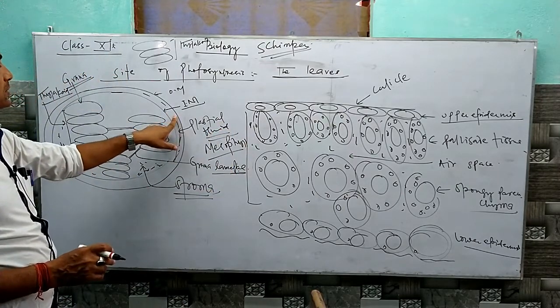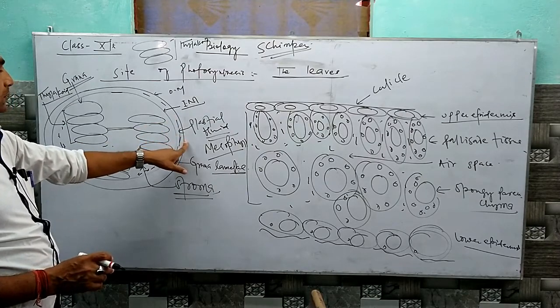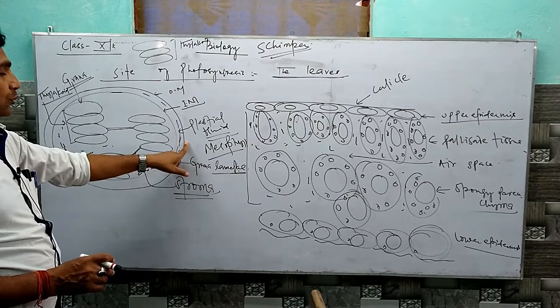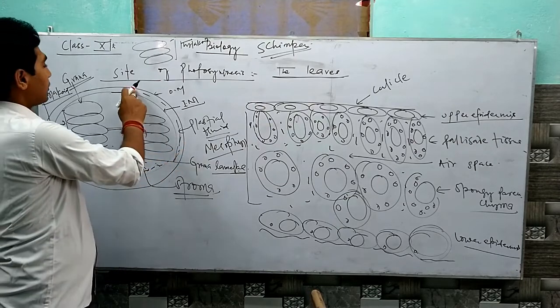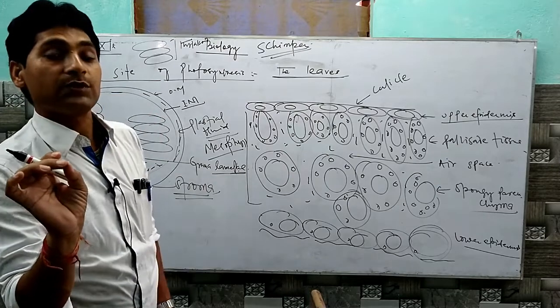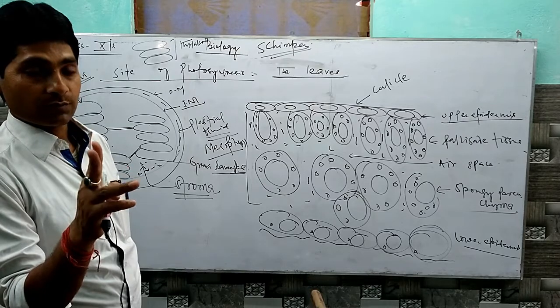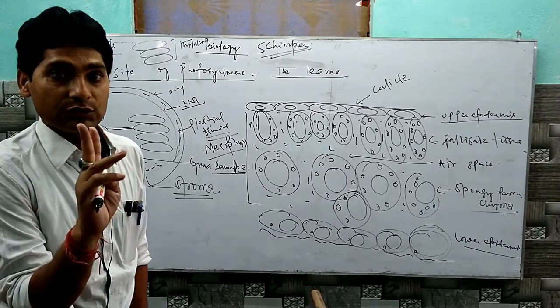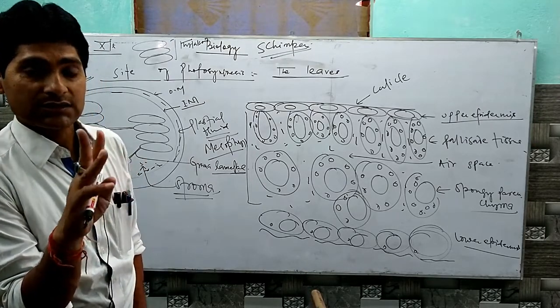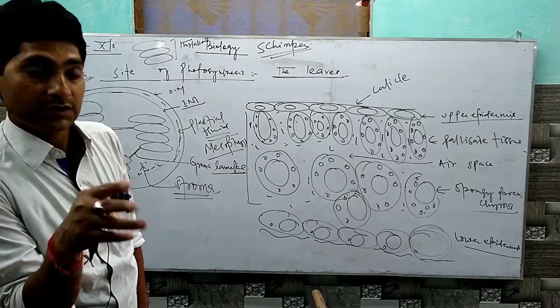This fluid is present between the two membranes of the chloroplast. Each membrane of the chloroplast has a thickness of 35 to 50 angstrom.